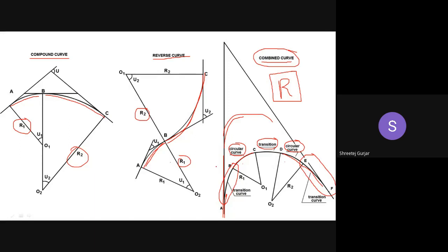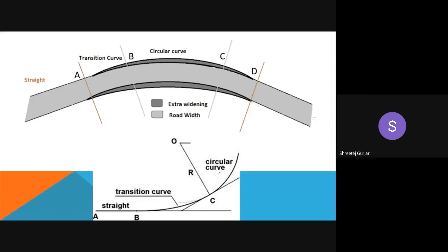Okay. So this is a comparison of various curves which we have learned. Now here in this picture you can see clearly a circular curve and a transition curve, how they are provided. In this image we have a circular curve from here to here. From the straight road, we do not directly provide a circular curve, we provide a transition curve.